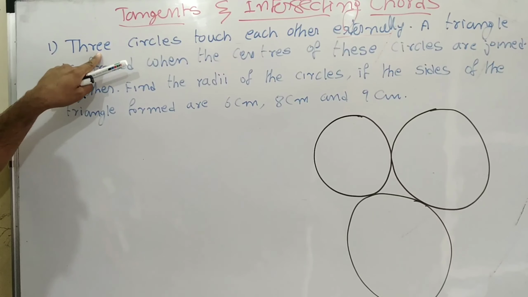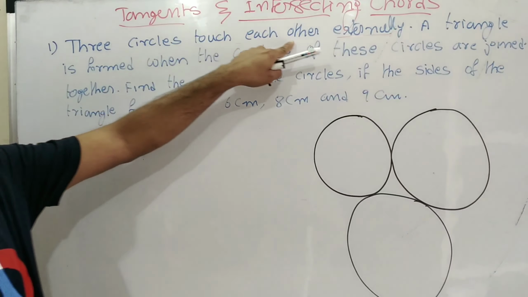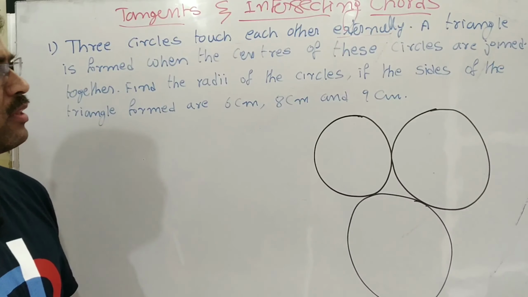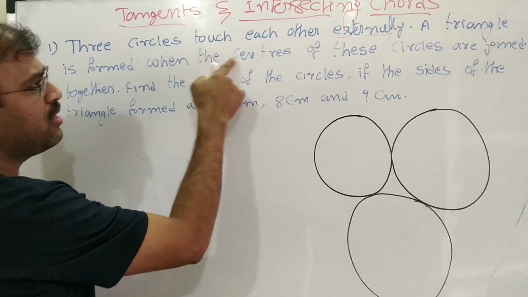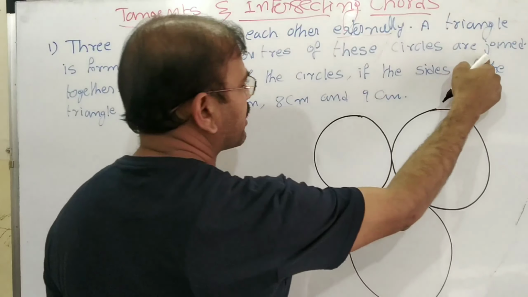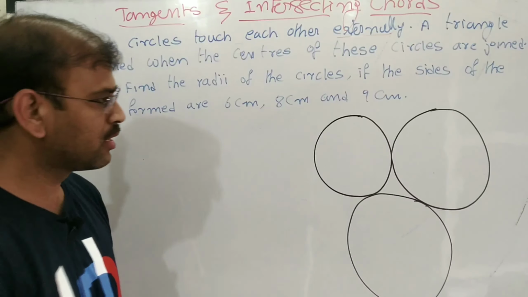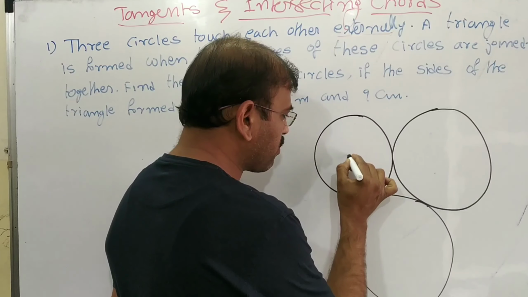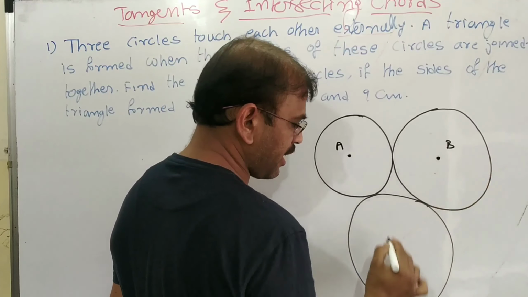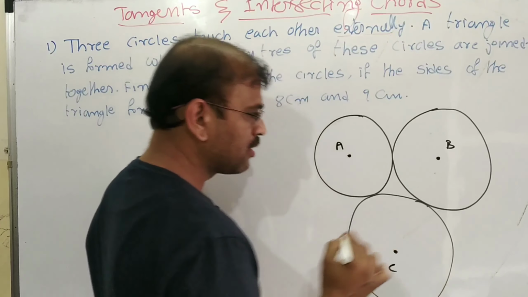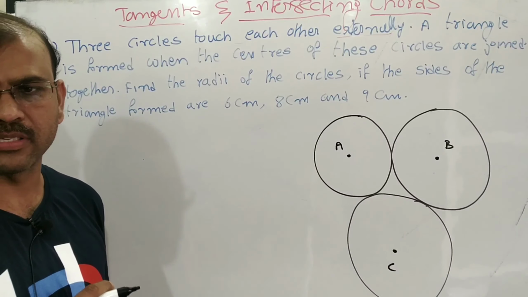So what does the question say? Three circles touch each other externally. I have drawn that. A triangle is formed when the centers of these circles are joined. So now I am plotting the centers. I am giving the centers the names A, B, C.